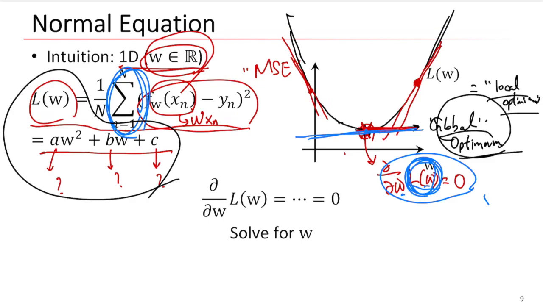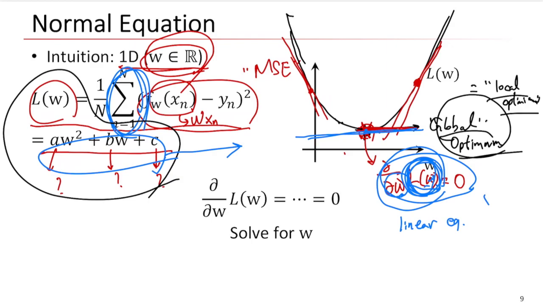So if we just estimate the gradient of the loss of w with respect to the w, will be the what? Linear equation, right? Why? Let's think about this.